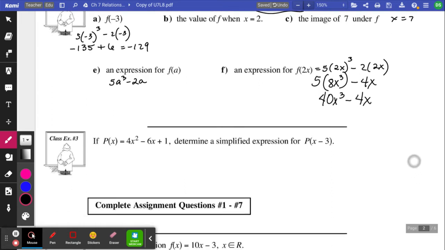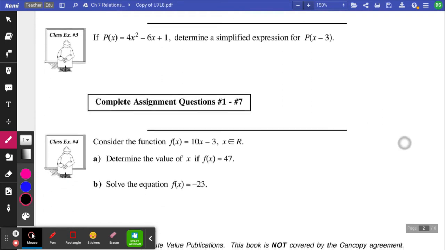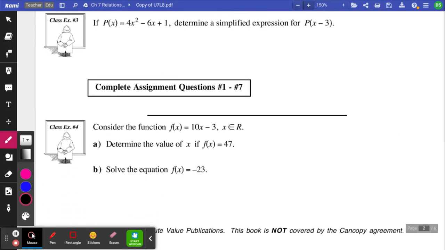Okay. What happens if we get even more complicated? What about this P? This P machine says, whatever your input is, x, take 4 times the input squared minus 6 times the input plus 1. You understand what that means? I don't care if your input is a heart or a blob. You just do to it what it says to do.